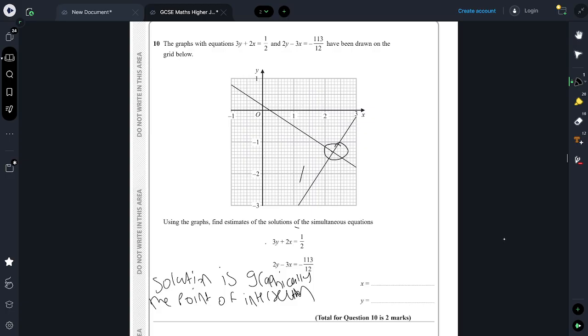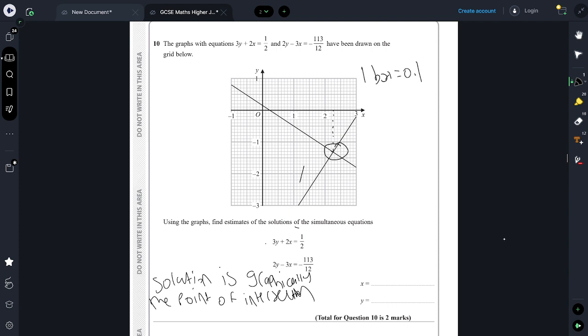If you look on the graph, it's about there. But then you need to work out what each box is. There are 10 squares, so each square is going to be 0.1.